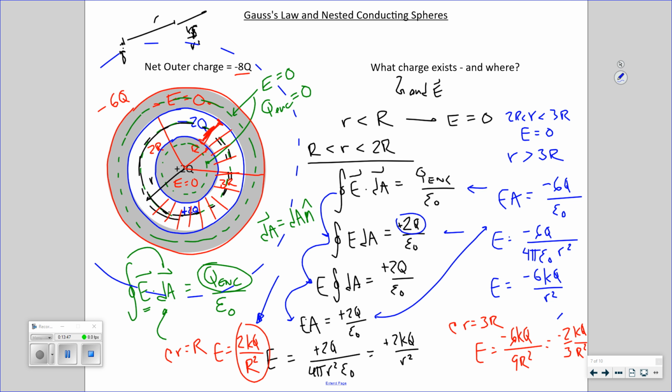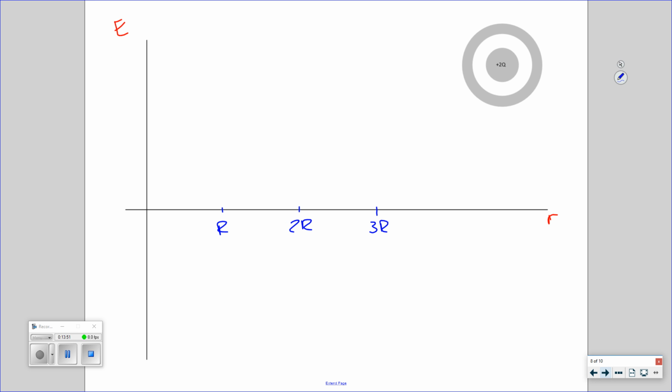And then we also need this one on there, negative 2/3. So how about this? We'll go like, there's 1 and there's 2. This is positive 2kQ over big R squared. Everywhere inside the inner conductor the field is 0. Then we jump up to here.